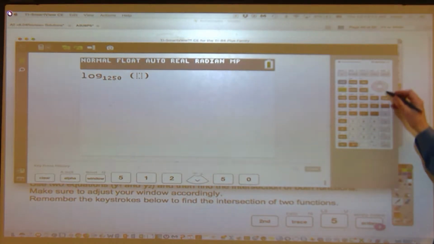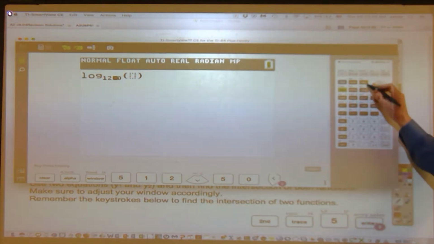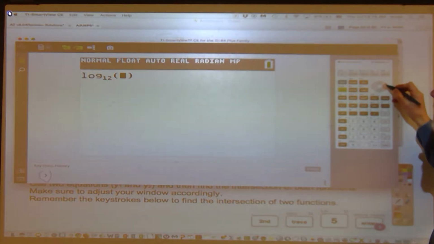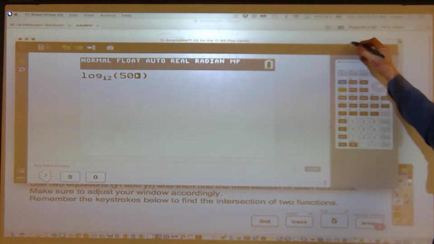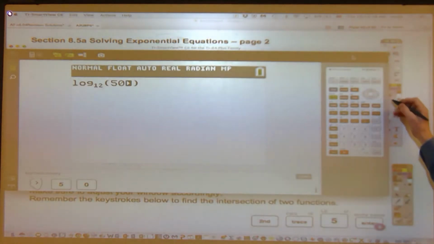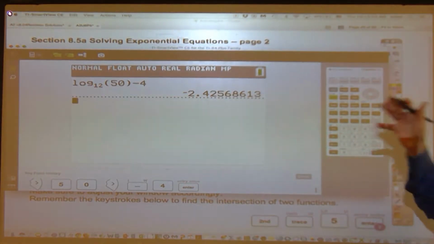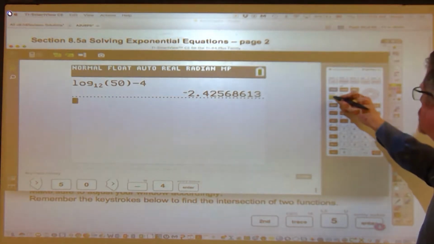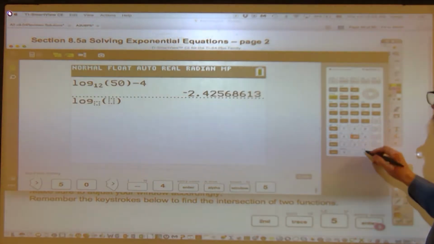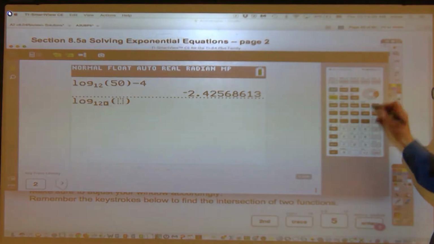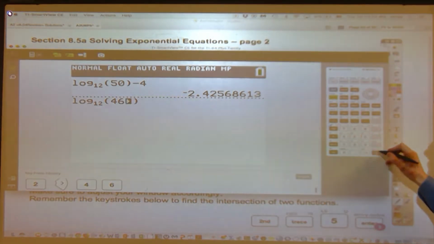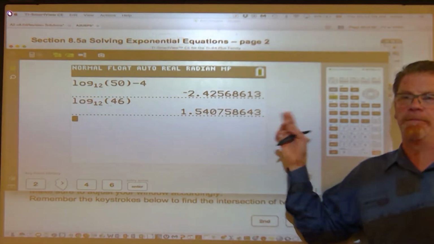So, log base 12 of 50 minus 4 is this, but the log base 12 of 46 is something else.